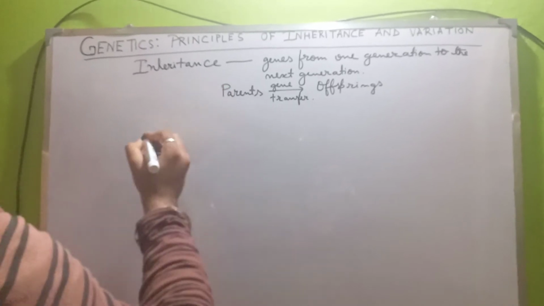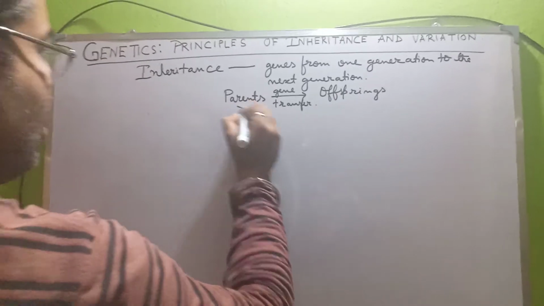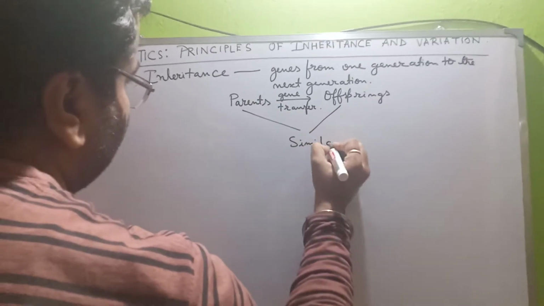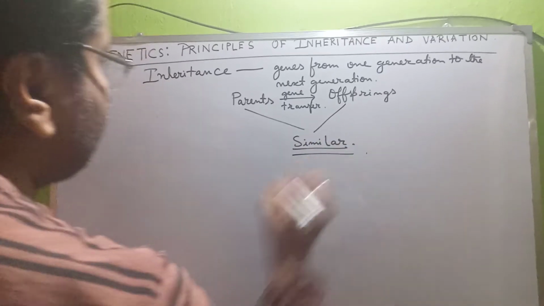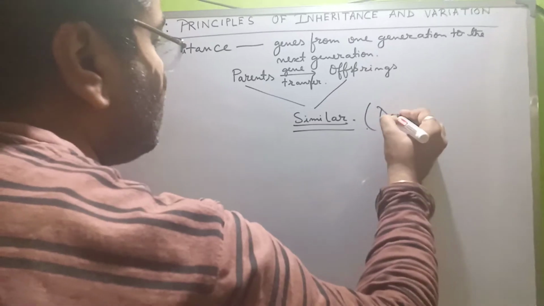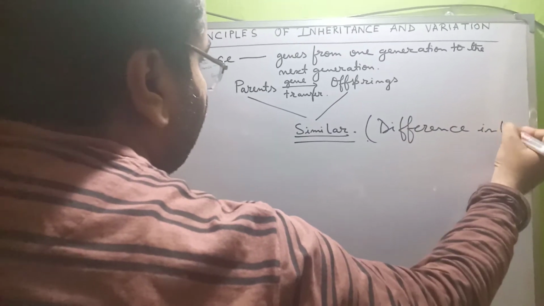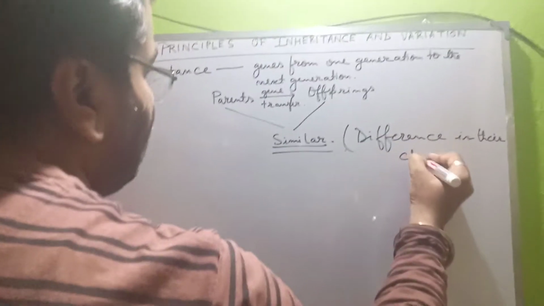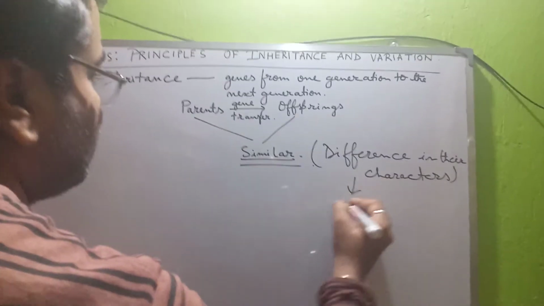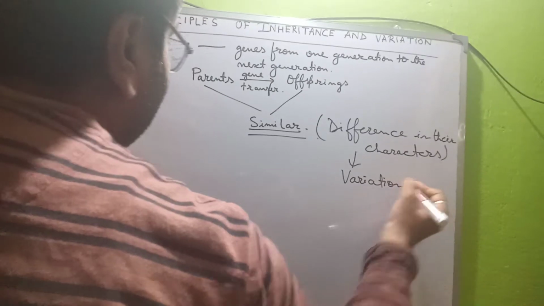Now it is not always that parents and offsprings will look similar. They can't be similar. There has to be a certain difference in their characters. That is what we call variation.